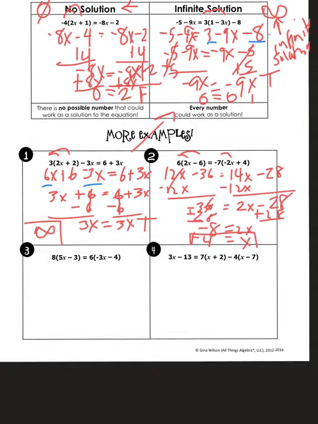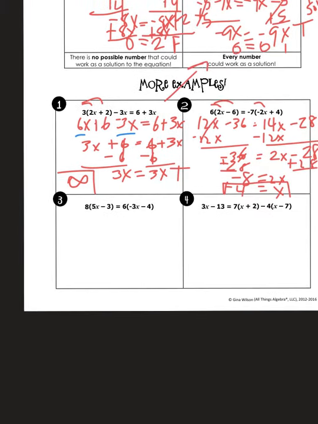Number 3. Distribute: 40x minus 24 equals negative 18x minus 24.